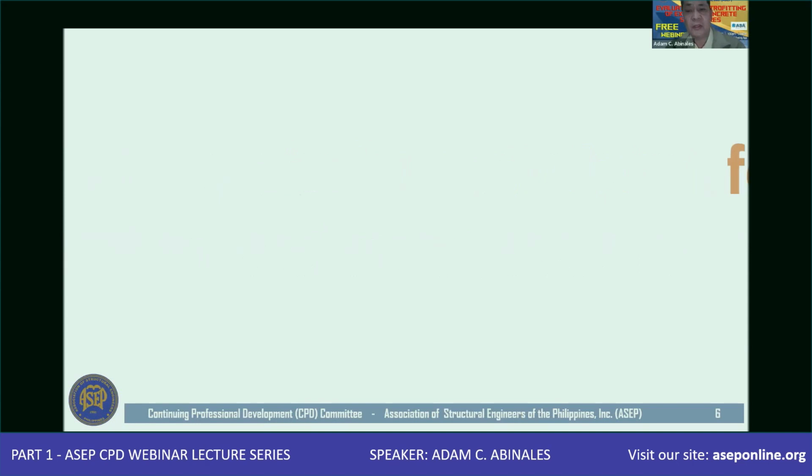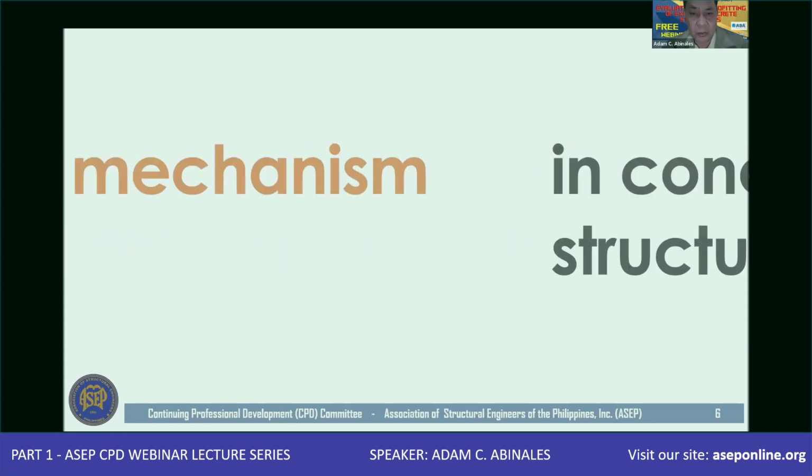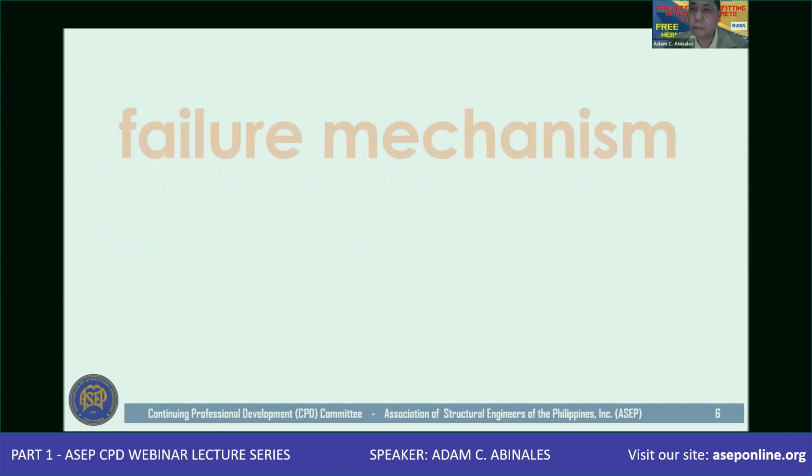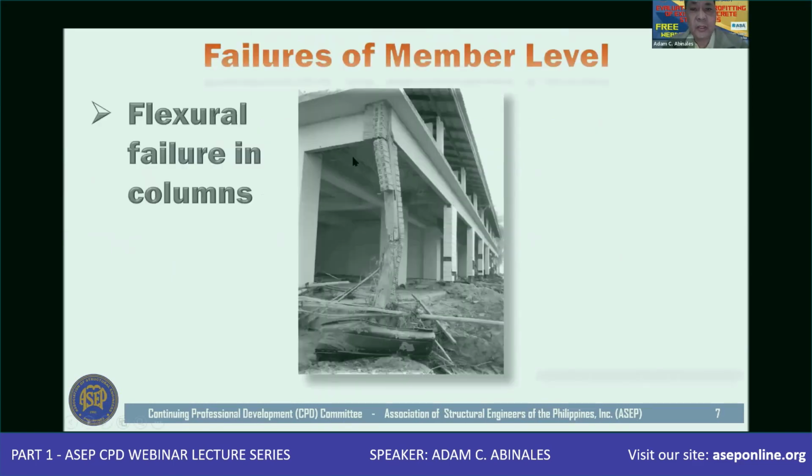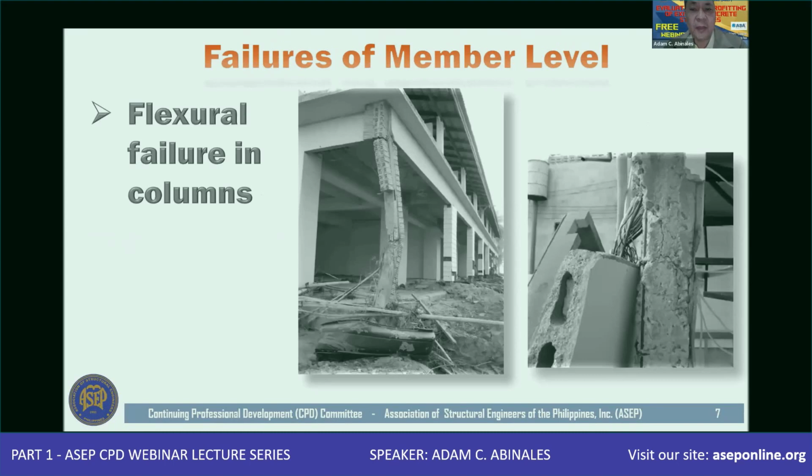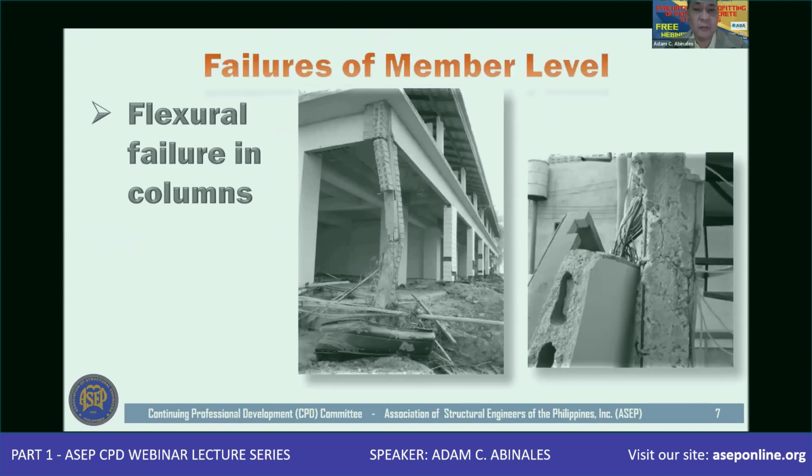So let me talk about the failure mechanism in concrete structures. First, we have these failures of member level. In the Philippines, most of our concrete structures, or rather most of the buildings here in the Philippines, are made of reinforced concrete.